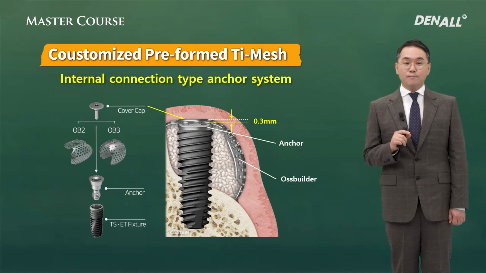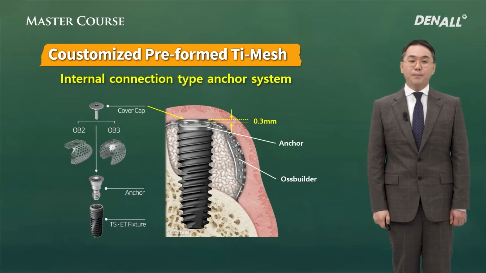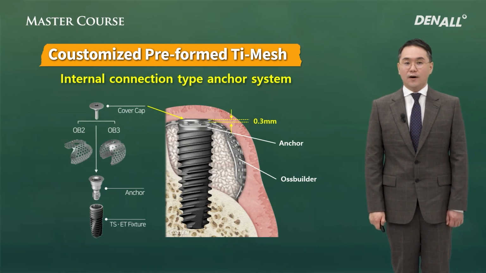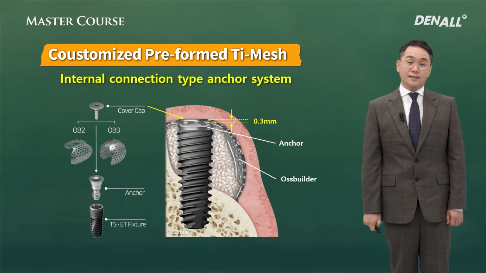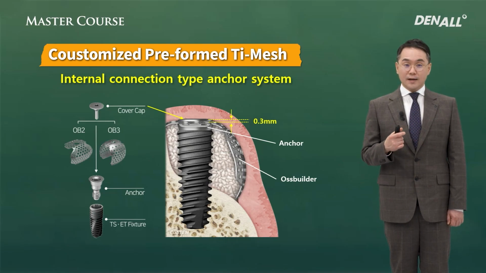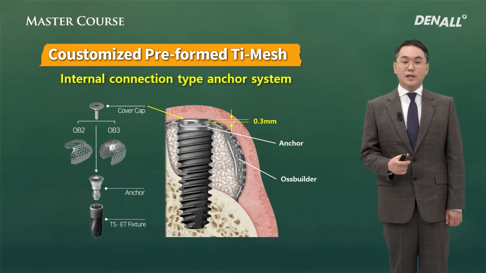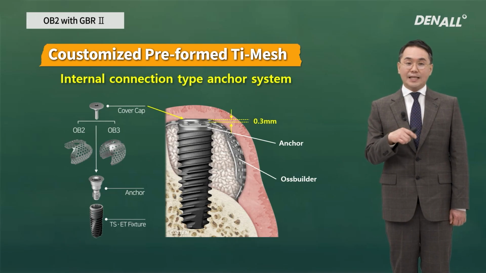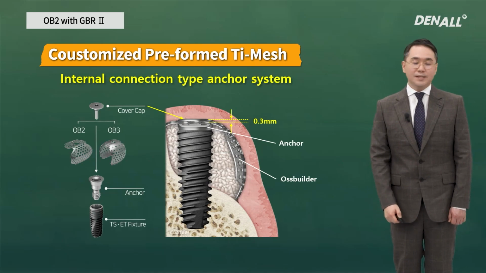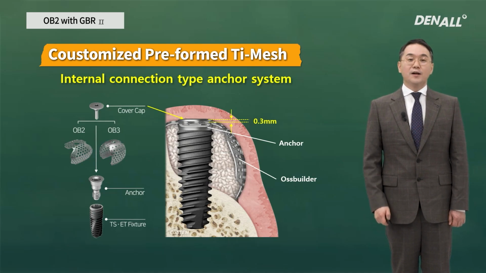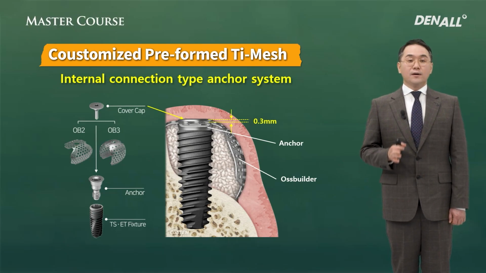The length of the protruding area is approximately 0.8 millimeter, and therefore, in submerged cases, sometimes it would be exposed. Also, the healing cap, which is used to fixate the Ossbuilder, is connected to the threads of the 0.8 millimeter protruding area. And it was not easy to do this.